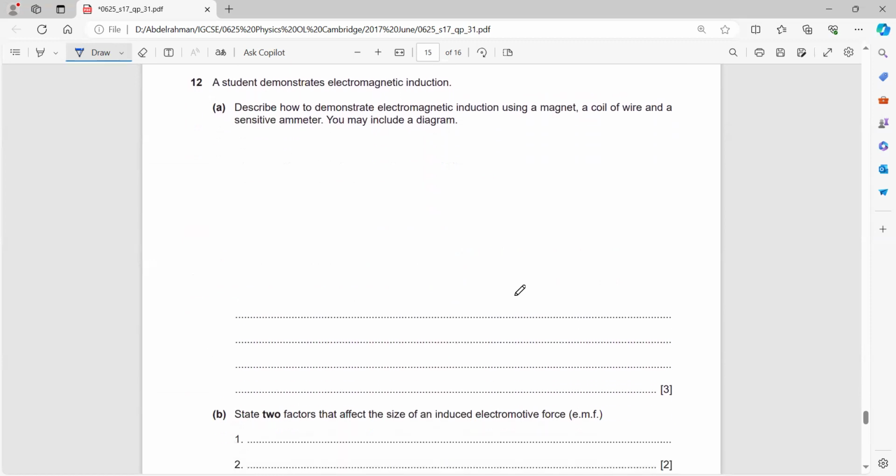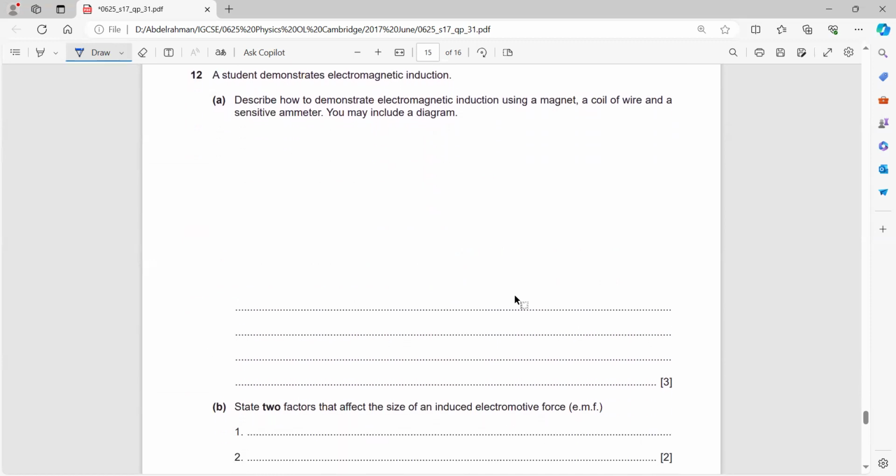Last question. Electromagnetic induction. Describe how to demonstrate electromagnetic induction using a magnet, a coil of wire, and a sensitive ammeter. If I have a coil and a sensitive ammeter, what should I do?